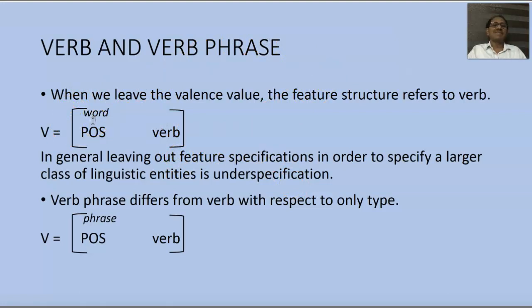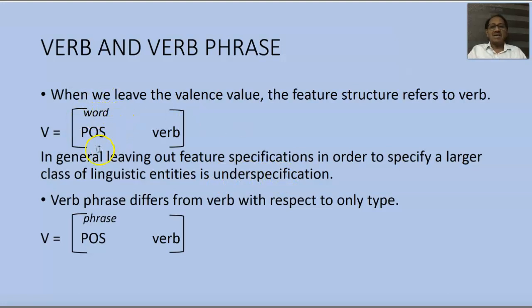Right? What is the feature structure for a verb? It's a word with a parts of speech category verb. Right? We have removed the specific features. When we leave out the valence value, the feature structure refers to a verb. In general, leaving out feature specifications in order to specify a larger class of linguistic entities is called underspecification.